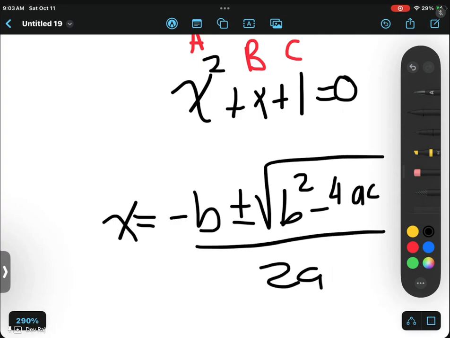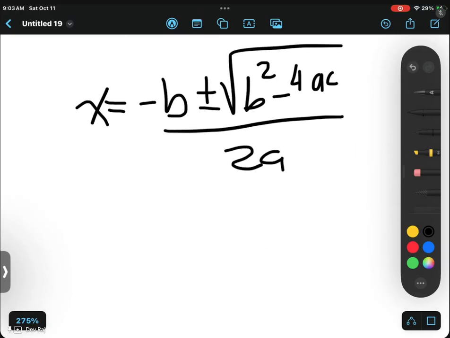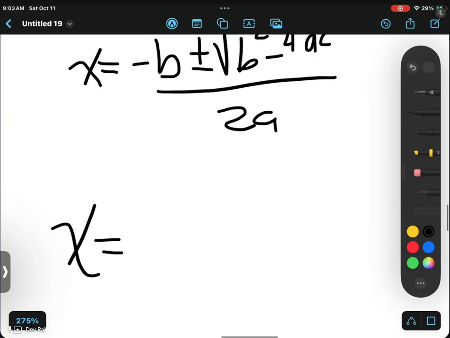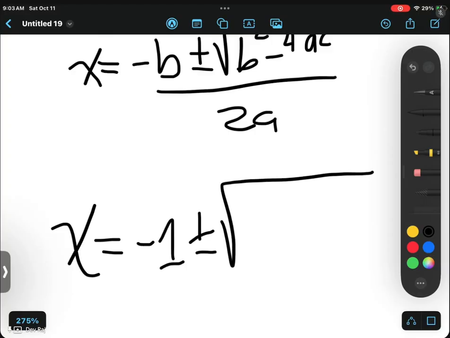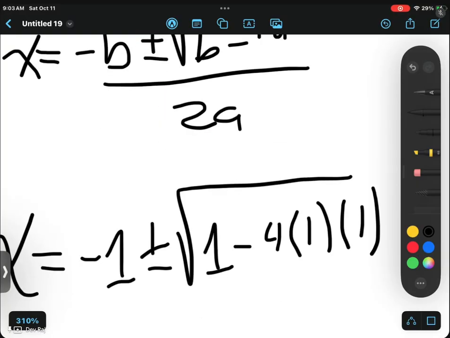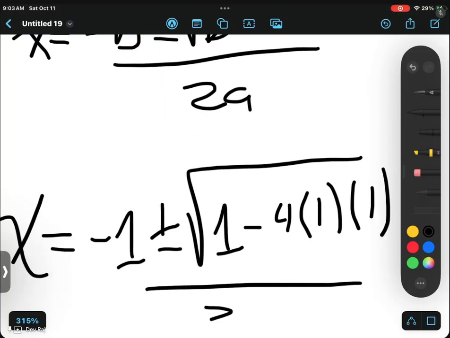Do you remember doing this equation? Okay. Then we just plug our values in. x equals negative b, and b is 1, so negative b is just negative 1, plus or minus the square root of b squared, which is 1 because 1 squared is 1, minus 4, and then our a value is 1 and our c value is 1, over 2.